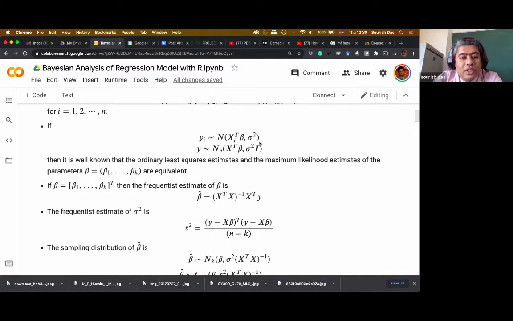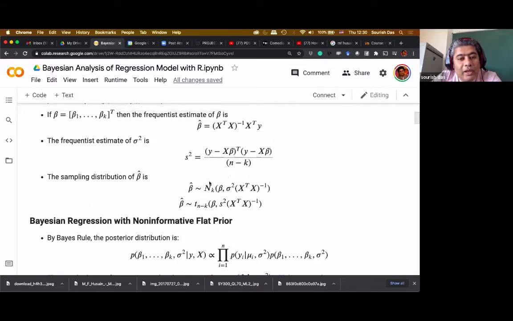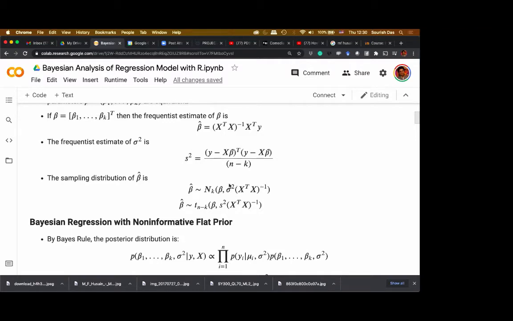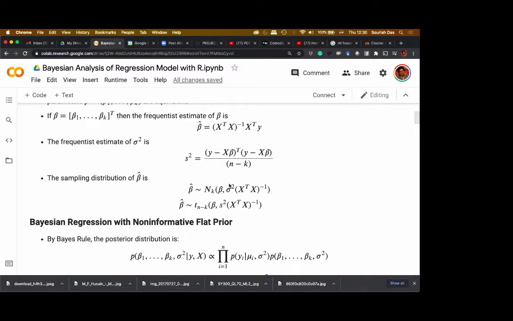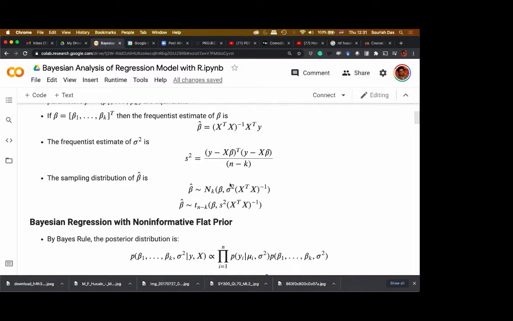If you just plug those things in and do the algebra, you can show in 3 lines that beta hat follows a k-variate normal with beta and sigma square X transpose X inverse. It will be a 3 line proof. You can do that. Now the problem here is still that you cannot use this distribution because sigma square is unknown. Correct. Then what to do?